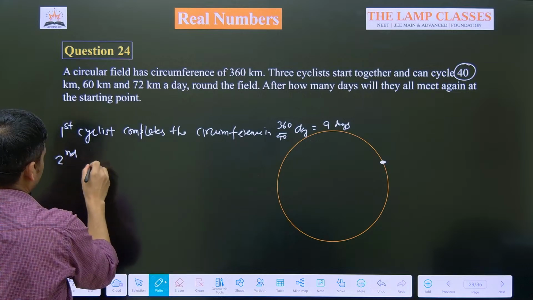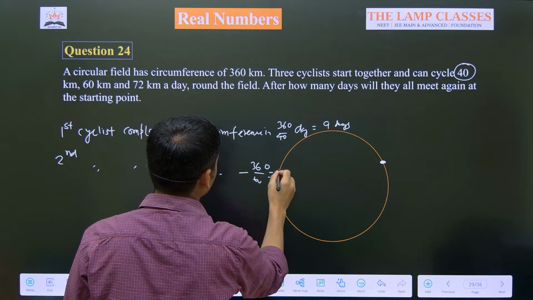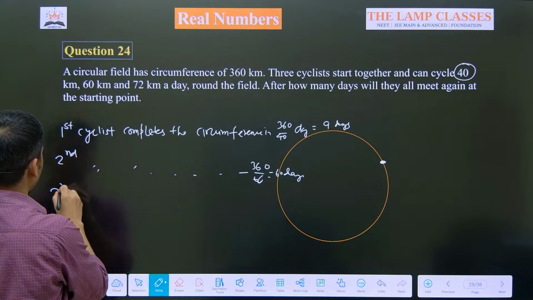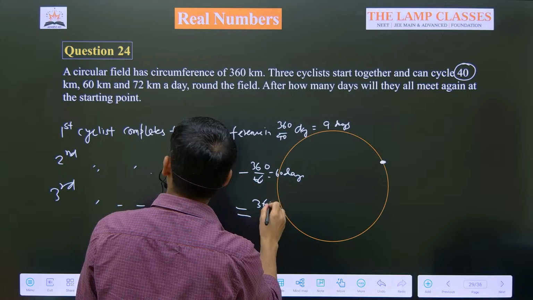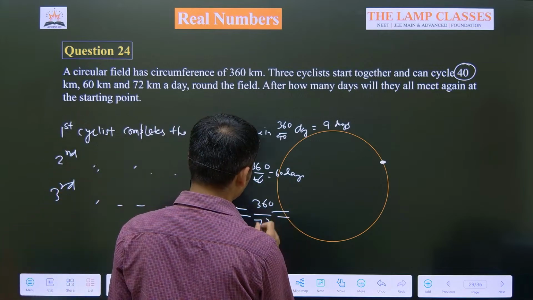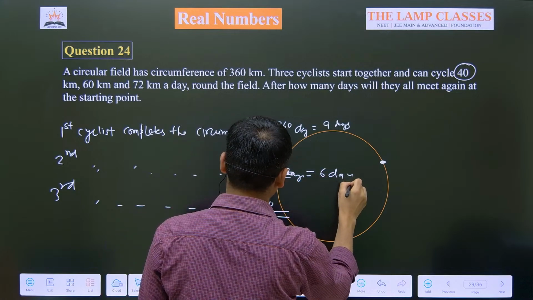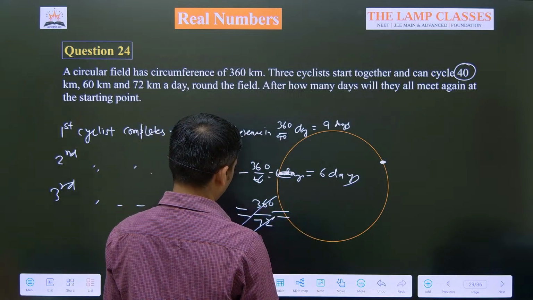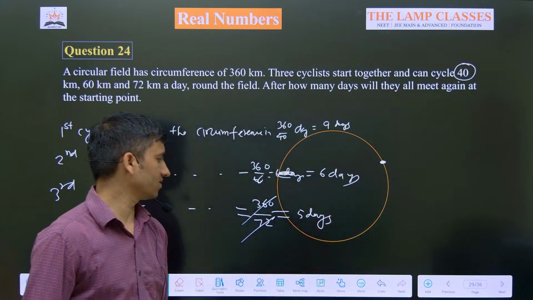Second cyclist, that has to be 360 upon 60, which is 6 days. And then the third one, it has to be 360 upon 72 days. That has to be 5 days only, right?